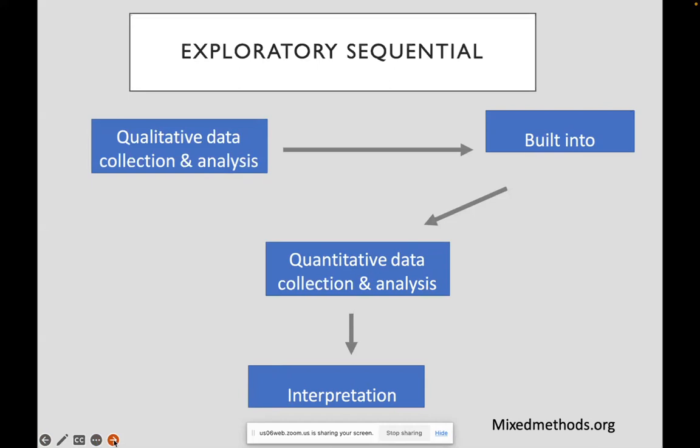And you use that to drive what you look at in your quantitative analysis. So you use the qualitative, the community input, to drive your decisions around what quantitative data to look at and analyze to reach your interpretation or your statement of impacts.